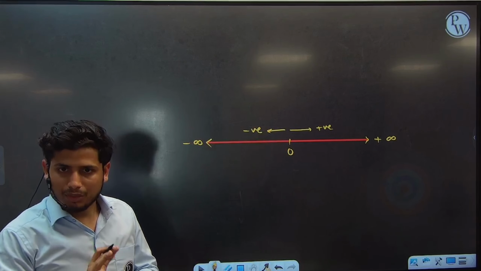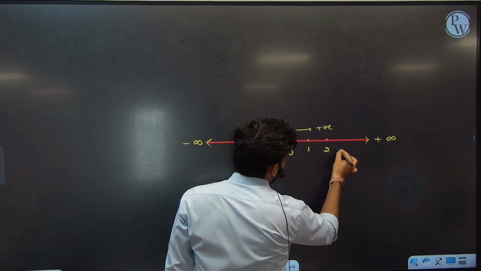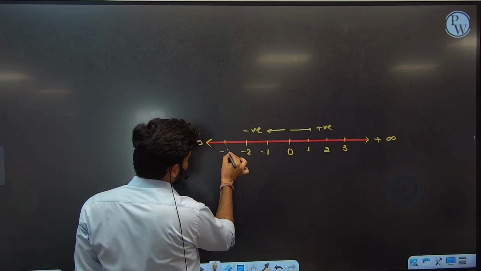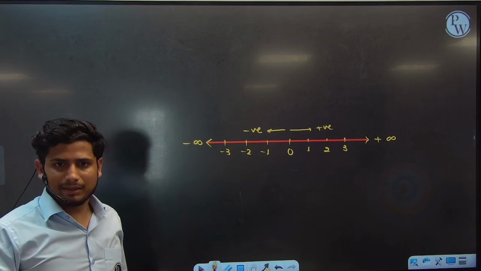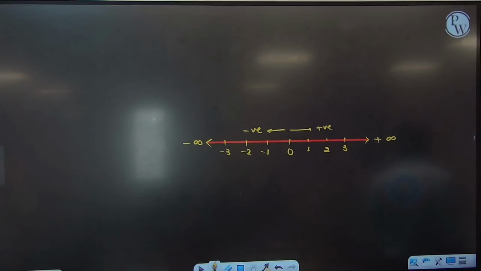Here 1, 2, 3 and so on, and this side minus 1, minus 2, minus 3 and so on. Tell me which is the number just greater than 1.